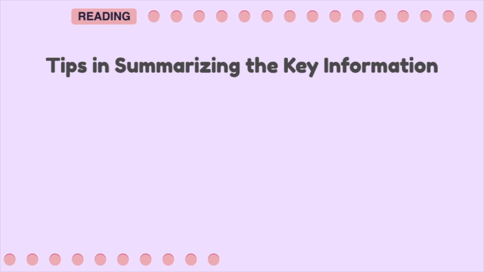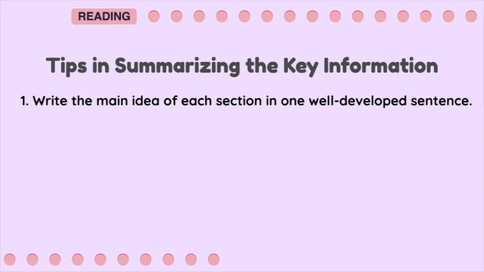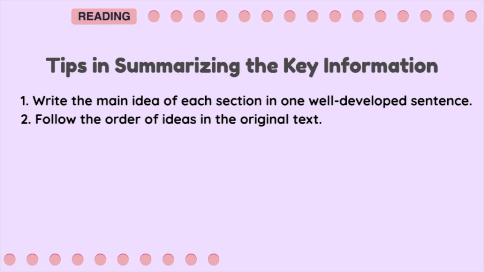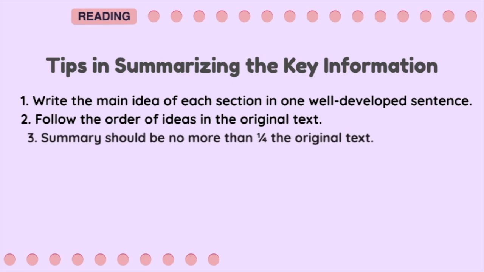Now, here are the tips that can help you in summarizing the key information from a text. 1. Write the main idea of each section in one well-developed sentence. 2. Follow the order of ideas in the original text. 3.